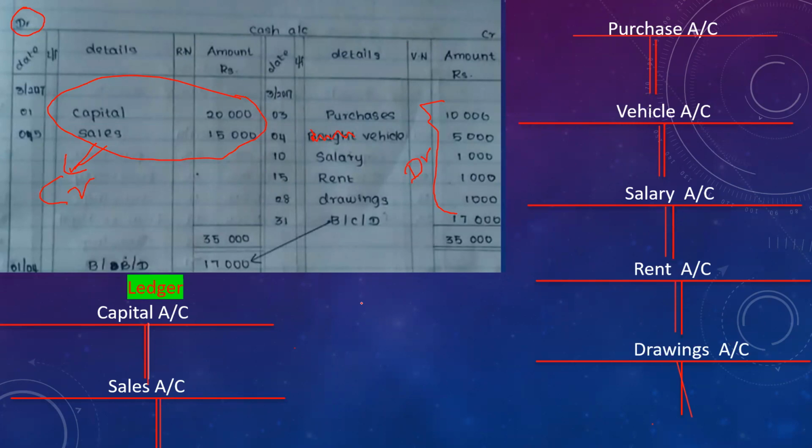Simply, in easy words, whatever you have debited in the cash account goes to credit in the ledger. Whatever you have credited in the cash account goes to the debit side of the ledger. Debit entries go to the credit side, credit entries go to the debit side.